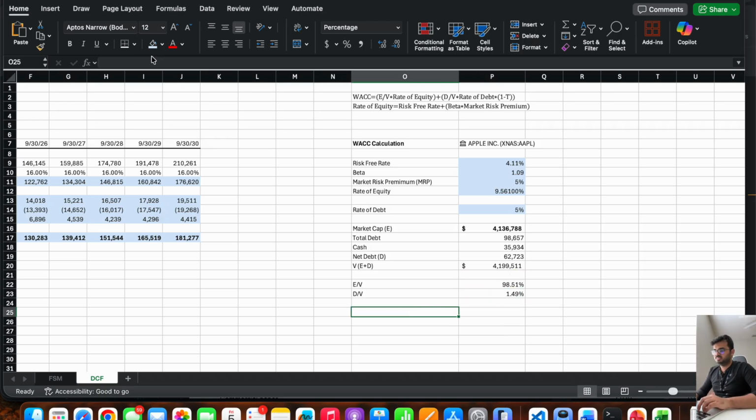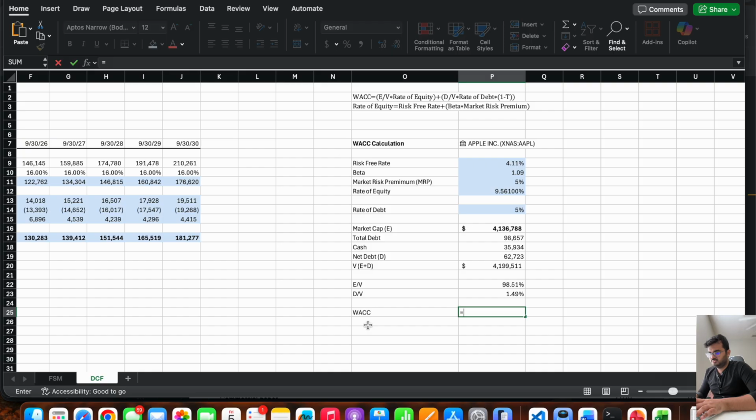So now let's plug all the numbers into this WACC formula to get the final result. We know E by V, which is this number, multiplied by the rate of equity, which is this number, plus D by V, which is this number, multiplied by the rate of debt, and multiplied by 1 minus the tax rate. It might be the most recent annual or quarterly report's tax rate.